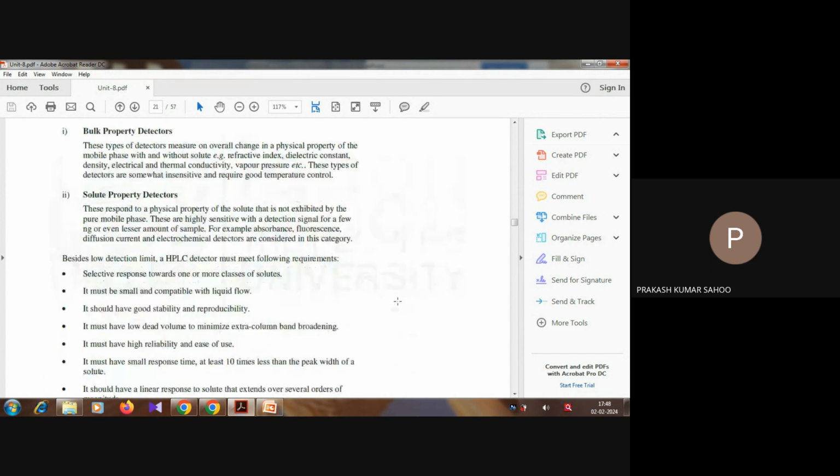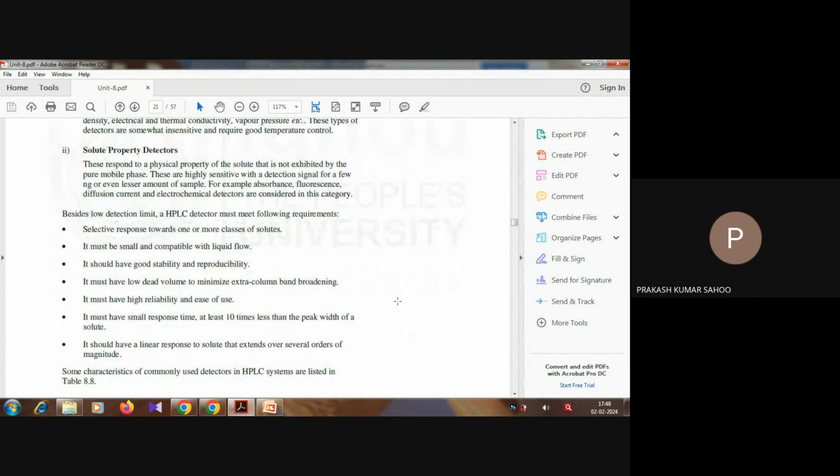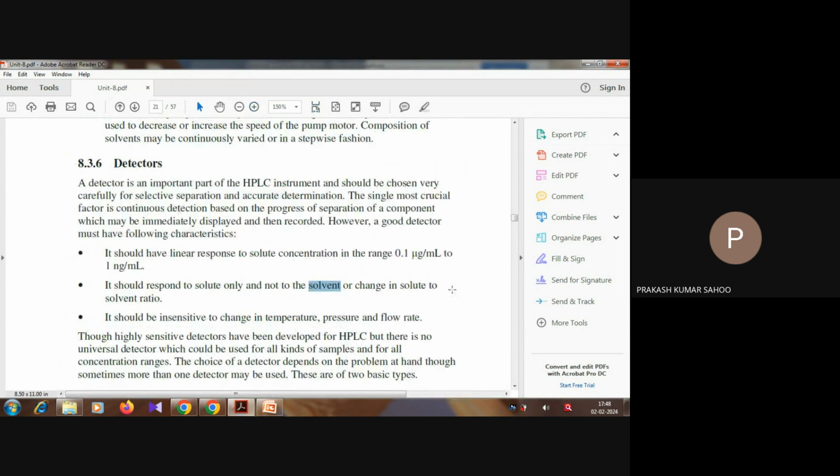Then a solute property detector: these include a physical property of the solute that is not exhibited by the pure mobile phase.